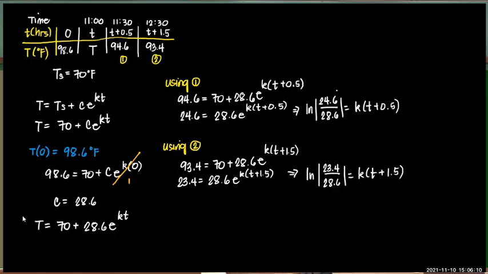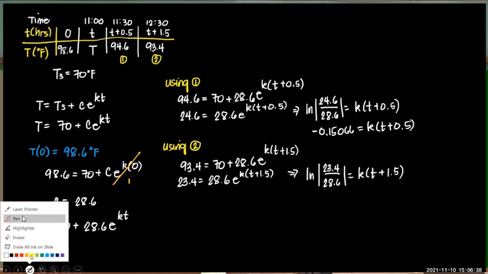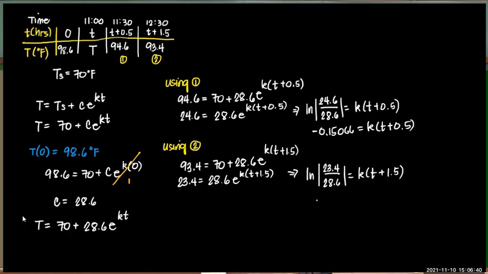Can you please solve for these ln's for me? It's negative 0.15066 is equal to k times t plus 0.5. What about the lower one? Negative 0.20067. This one.